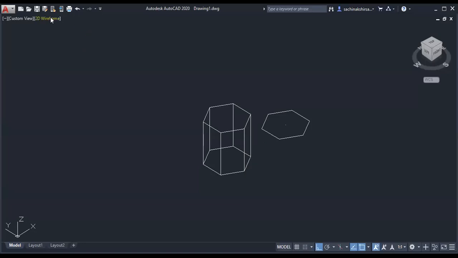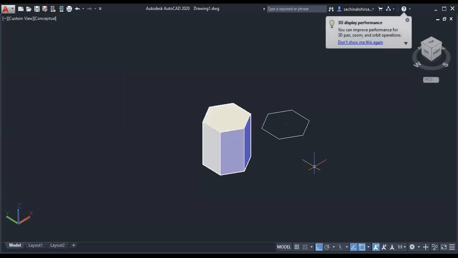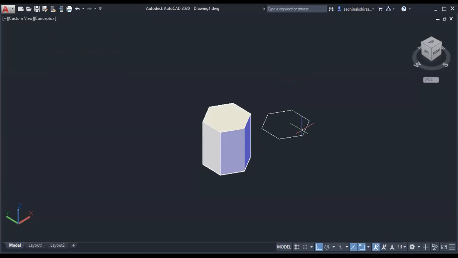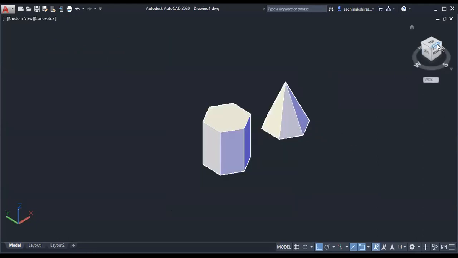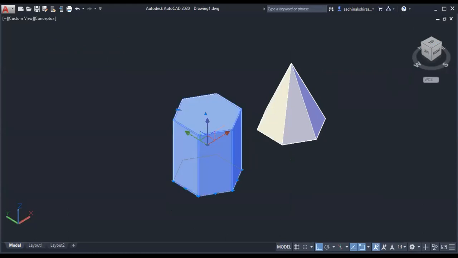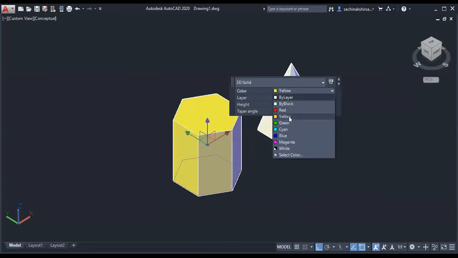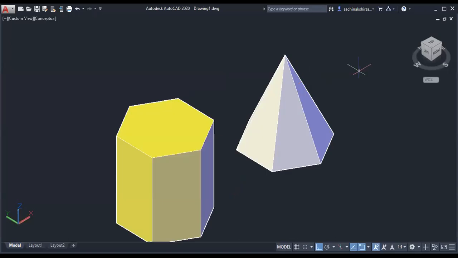It will be something like this. And it will be, so what is this? Which are these two solids? Hexagonal prism and hexagonal pyramid.